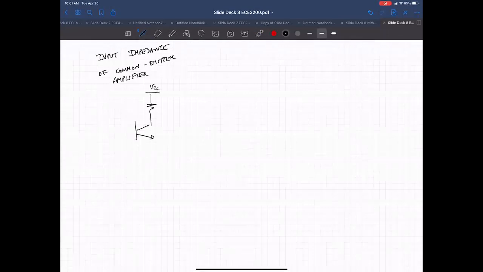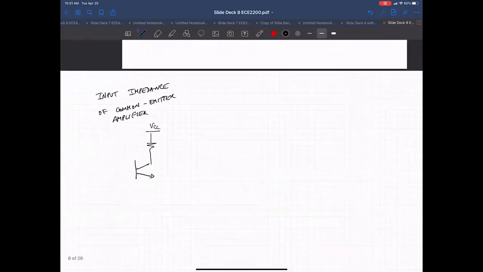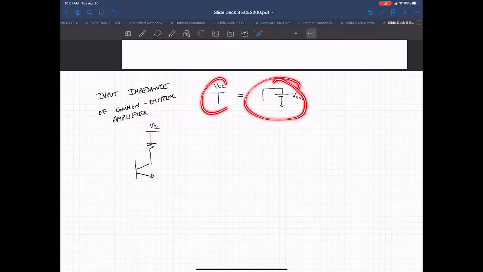By the way, in notation, I think I've thrown this around already, but this is just to make life simpler for drawing. When you see this, and you see this, it's the same as this. It's a very common thing: you draw this, which says this node is going to a voltage source or a battery of this value, VCC. So that's what this means.